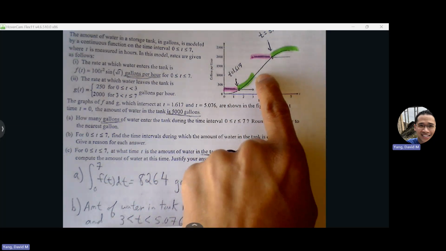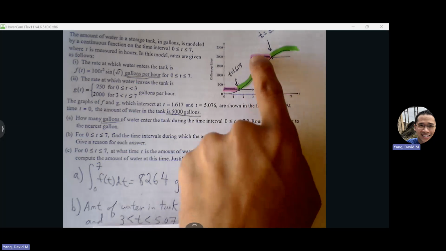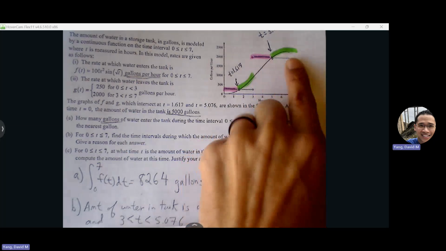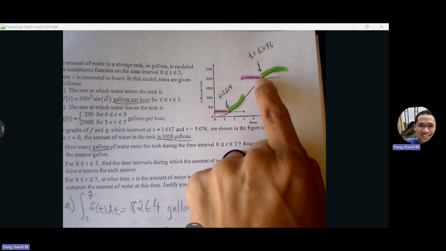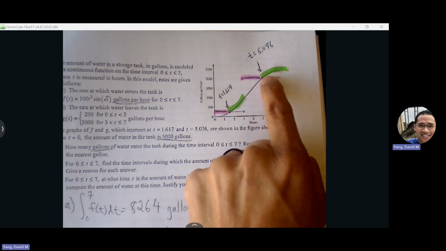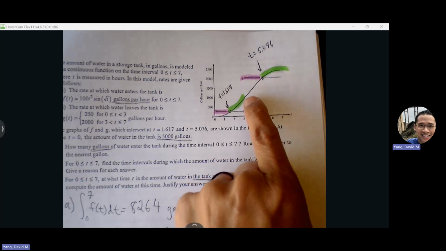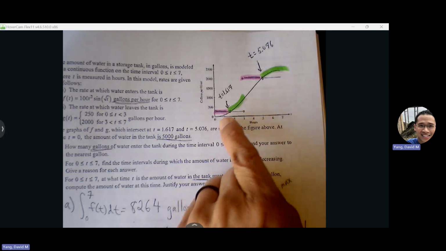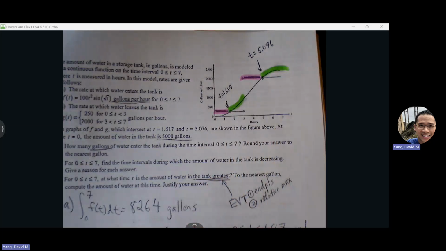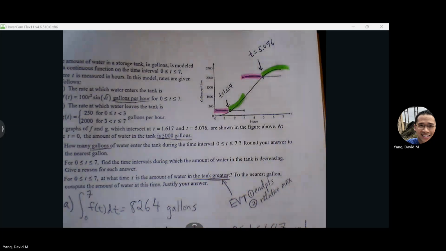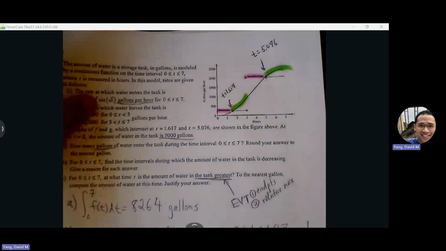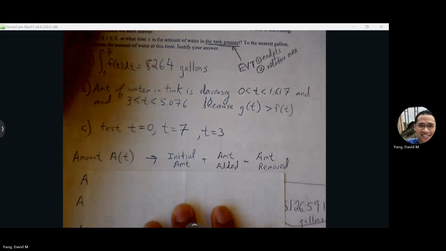At 3, that's a relative max because we're going from increase to decrease. And then at 5.0, that's going from decrease to increase. So we don't have to test this one either. We only need to test 3, 0, and 7, 0 and 7 being our endpoints. And they all go into our A of t equations.